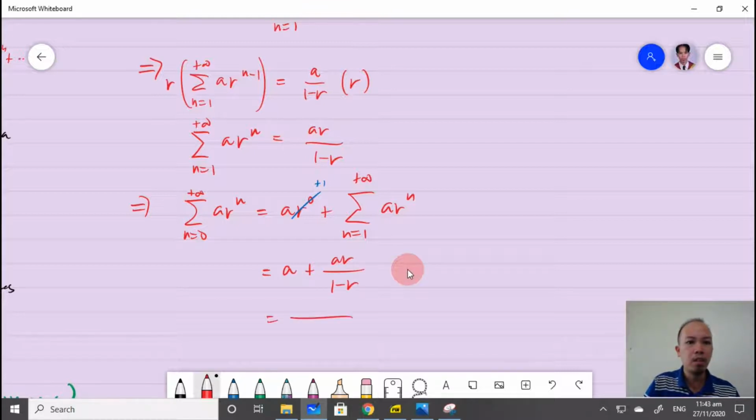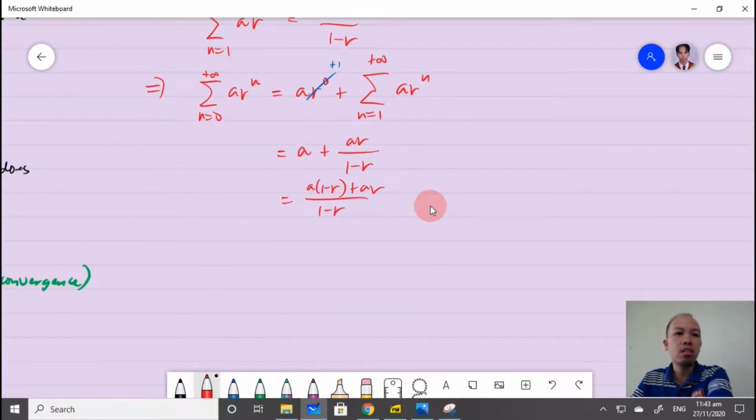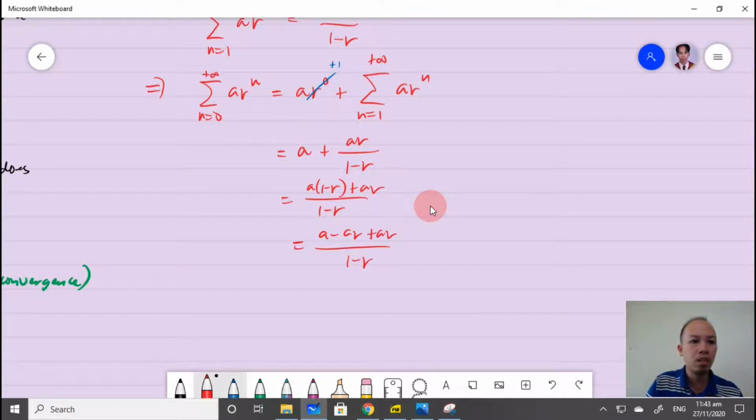So simplify, get the LCD, 1 minus r. This is a times 1 minus r plus a r, and if you simplify, this becomes a minus a r plus a r over 1 minus r, so the a r terms cancel.